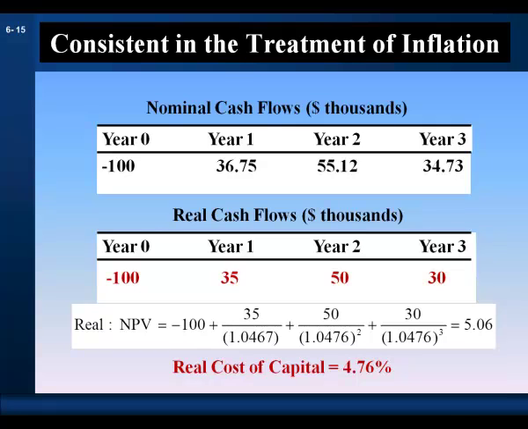Discounting the real cash flows by a real cost of capital gives us a net present value of 5.06. So our net present values for our nominal cash flow stream discounted at a nominal rate and our real cash flow stream discounted at a real rate result in the same net present value.